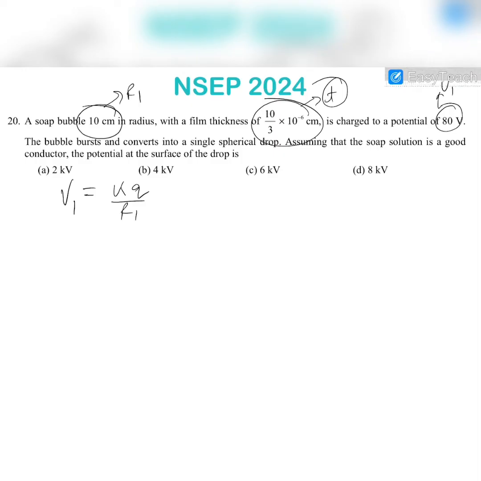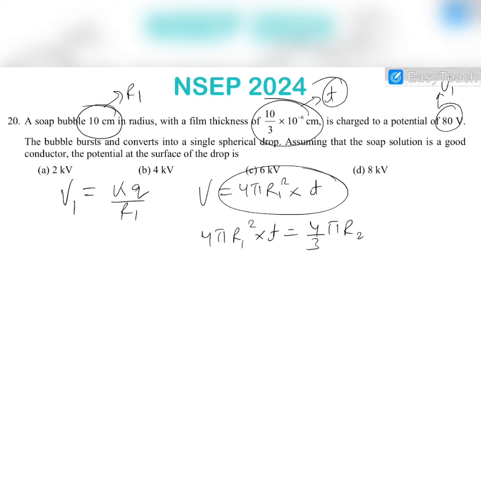Okay, and now we know that this bubble has a volume in which the soap solution liquid is filled, which is 4 pi R1 square into this thickness T. This is the volume in which the liquid is filled in the bubble, obviously, and when this volume is converted into a solid spherical drop, then the volume of the drop will be 4 by 3 pi R2 cube.